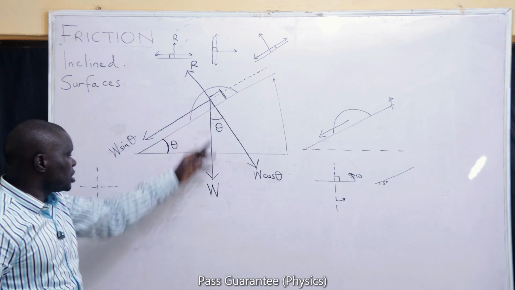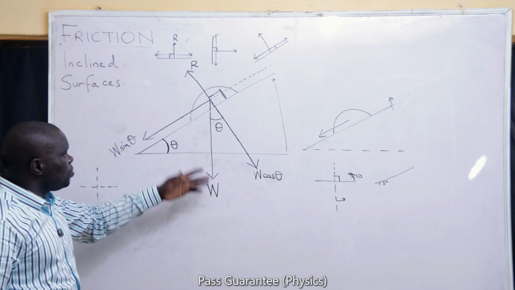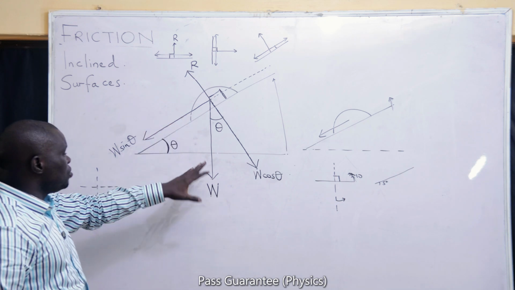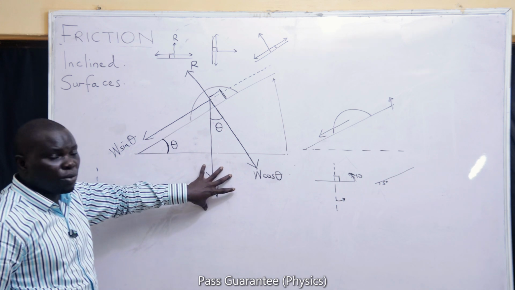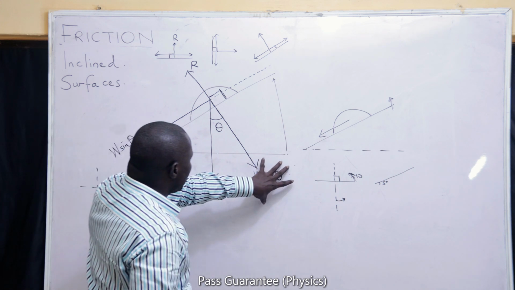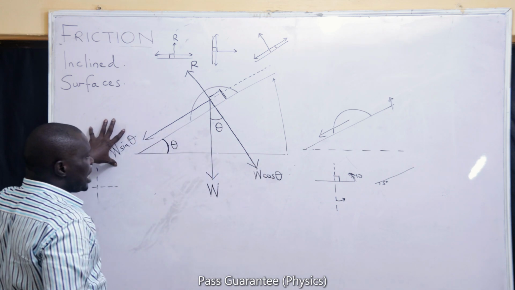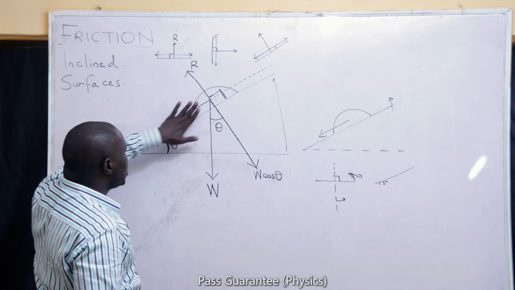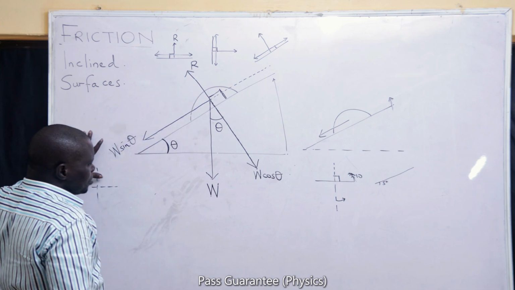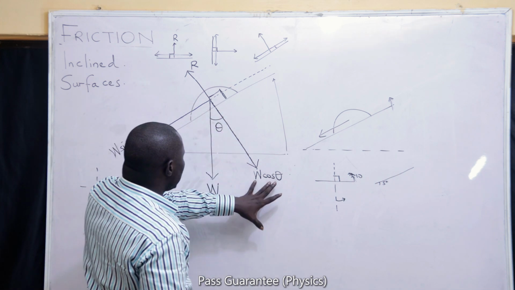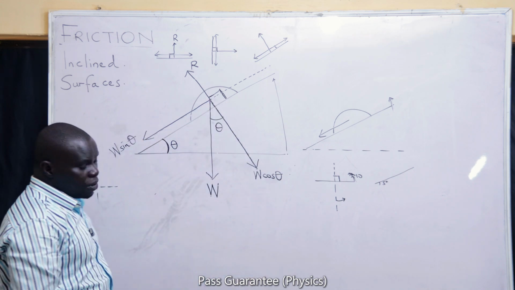The weight itself is W. But for the purpose of the plane that we are working with, we have been able to resolve it into two different components. One component is W cos theta, and one component is W sin theta. W sin theta, luckily, is the component of the weight along the plane of movement, while W cos theta is the component that is perpendicular to the plane of movement. So those are the two components that we have.